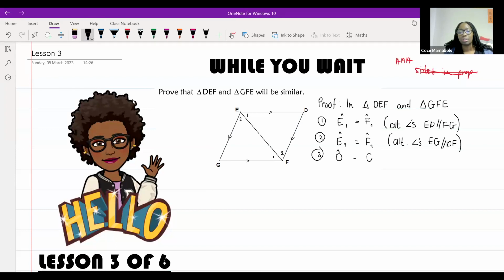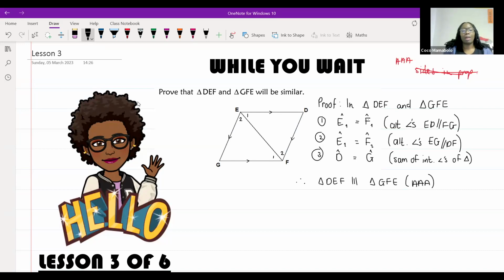Angle D is equal to angle G, and my reason is the sum of the interior angles of a triangle. Both triangles are 180, so it automatically stands that the last two angles will be equal to each other. And then I can say, therefore, triangle DEF is similar to triangle GFE, and my reason here needs to be angle, angle, angle.